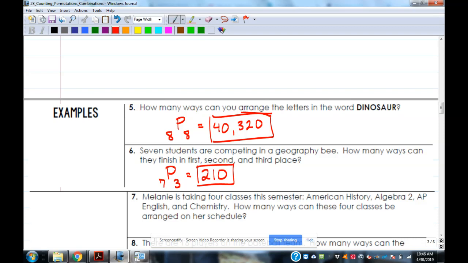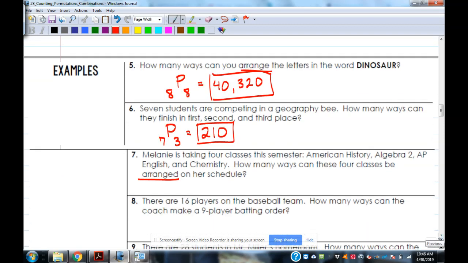Over to the next page. Number 7, Melanie's taking 4 classes this semester: American History, Algebra 2, AP English, and Chemistry. How many ways can these 4 classes be arranged in her schedule? Okay. The word arranged tells me that that is a permutation. So how many different classes are there? 4, right?